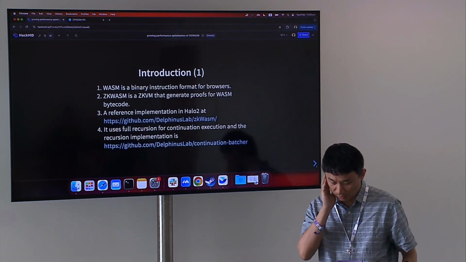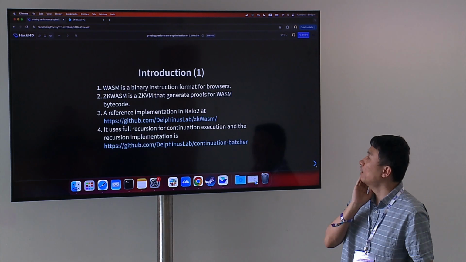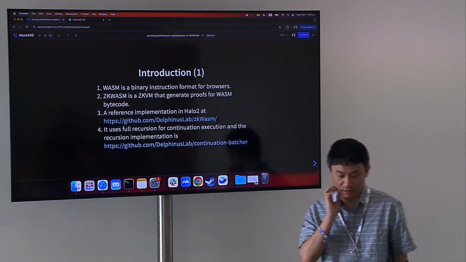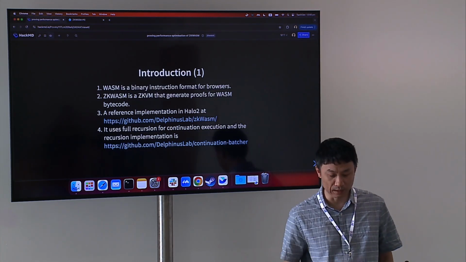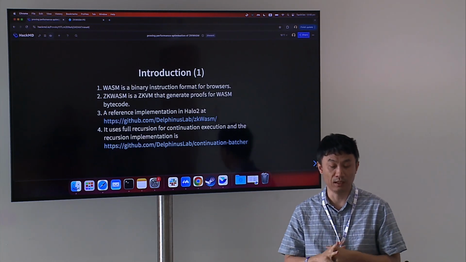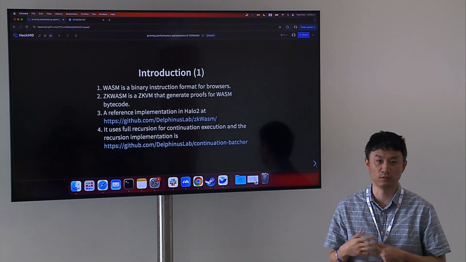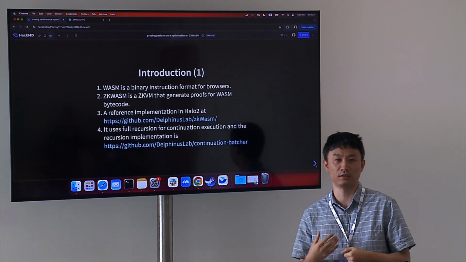Okay, so let's start with our VM. We are writing a WebAssembly zkVM. That is, the zkVM supports WebAssembly execution and generates a proof for the execution.